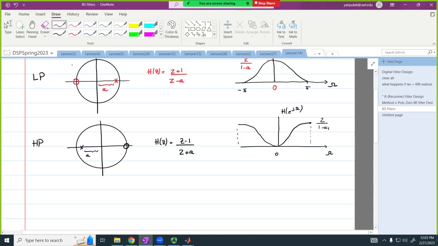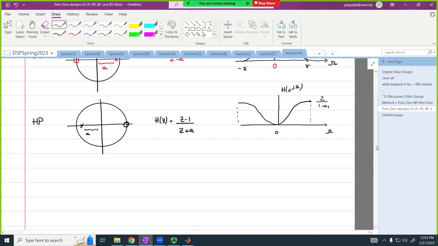Why is it 2 over 1 plus A? You put in omega equal to pi. Remember z equals e to the j omega. When omega is equal to pi, z equals -1. So -1 minus 1 is -2, over -1 plus A. Make sense? And then the minus cancels.